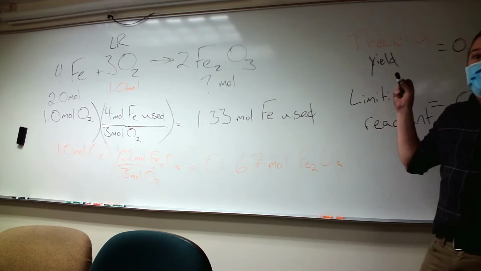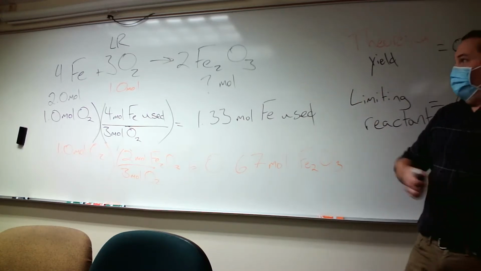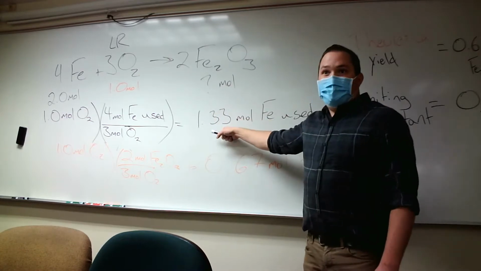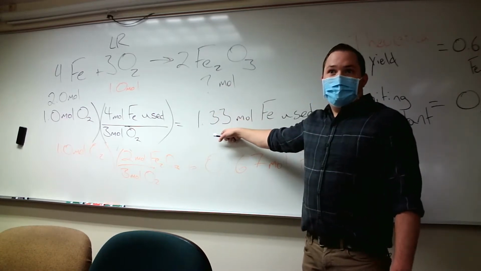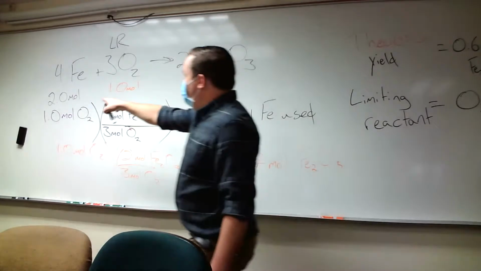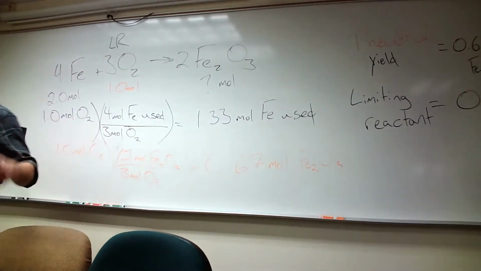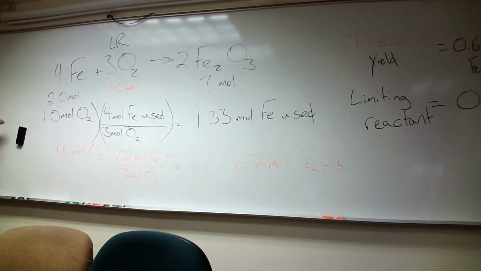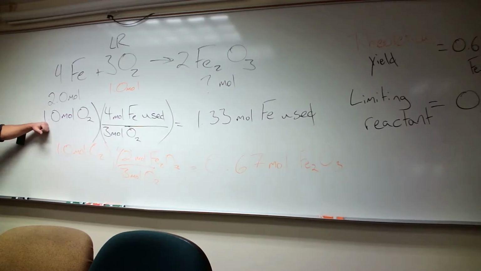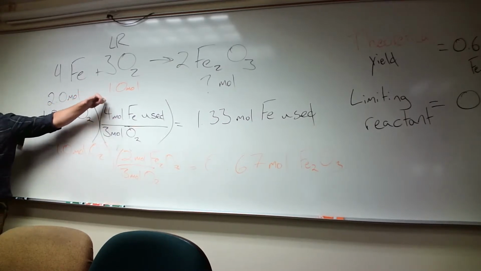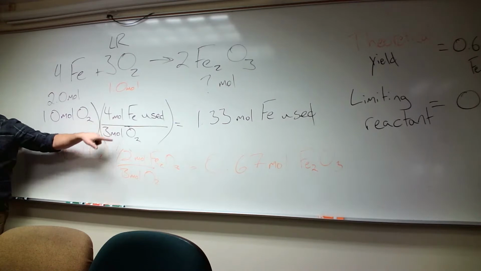So if we want to know how much iron is left over, we look at what we started with, and we look at how much we used. How much we started with is either given, or you get to it from the mass of iron at the beginning. How much is used, you take whatever's running out first, and you do a stoichiometry step.